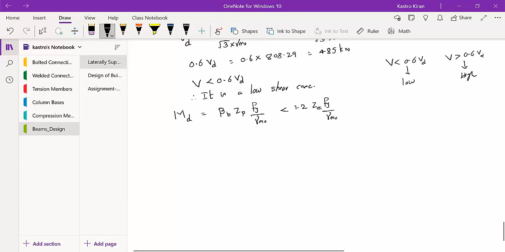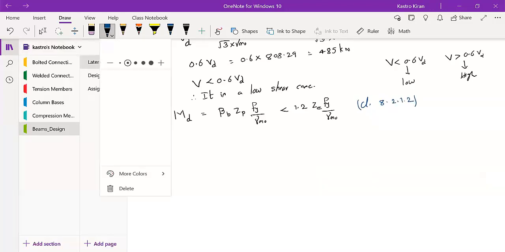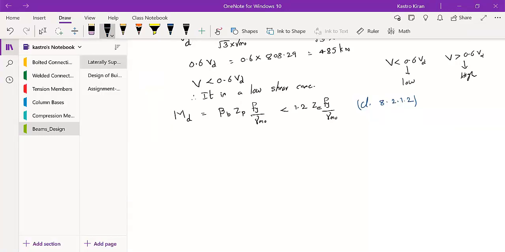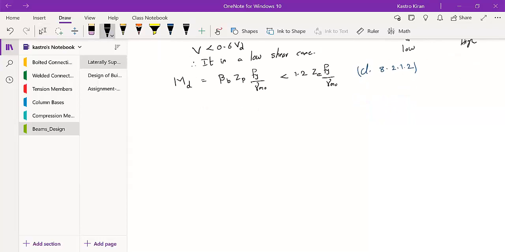How does this formula come about? It comes from clause 8.2.1.2 of IS 800:2007. I have discussed these clauses in the introduction class itself. Beta b value is taken as 1 because it's a plastic section. For a plastic section, the value of beta b is taken as 1. And what is the Zp of the I section which you have selected? It is 2711.98.